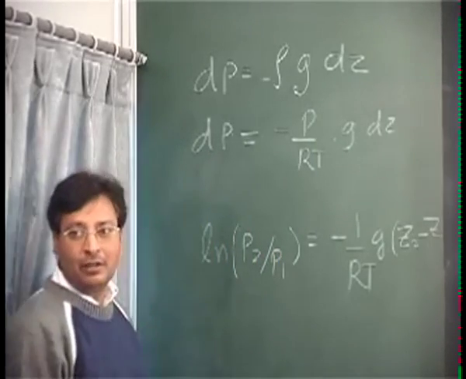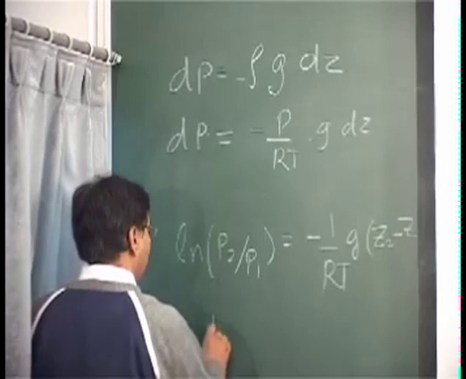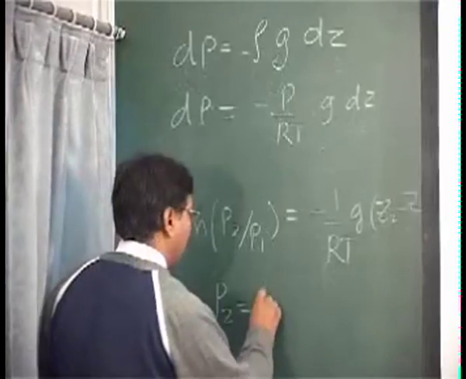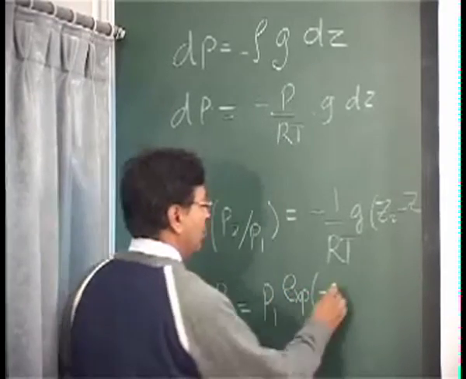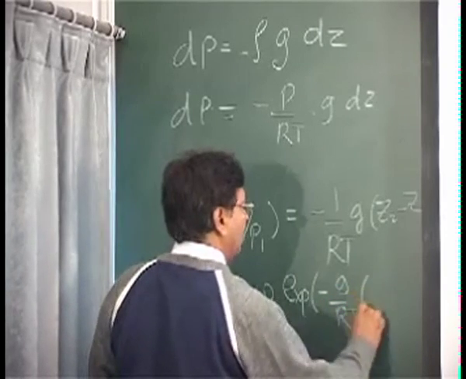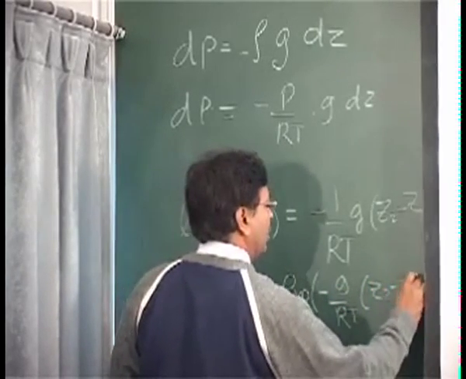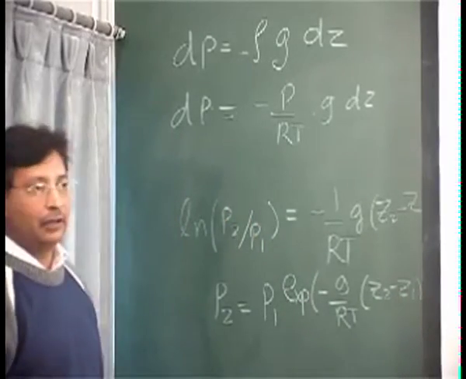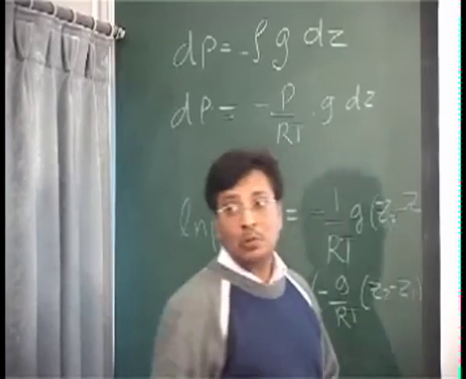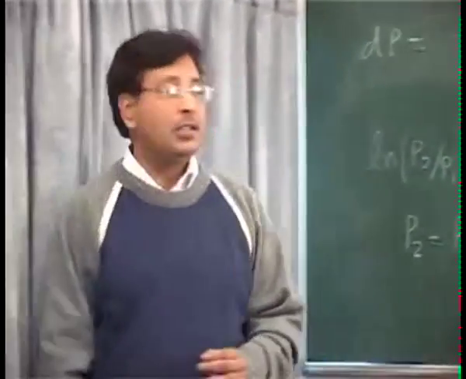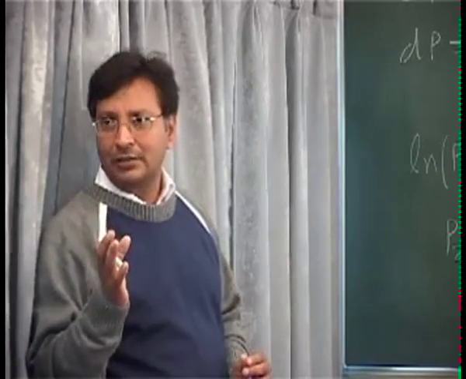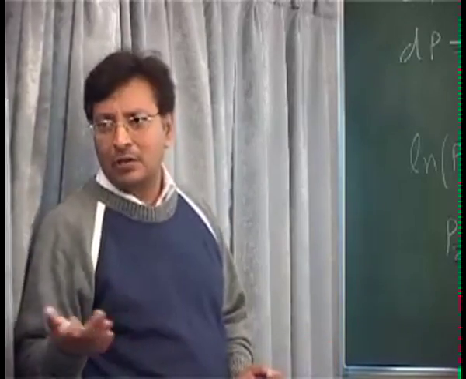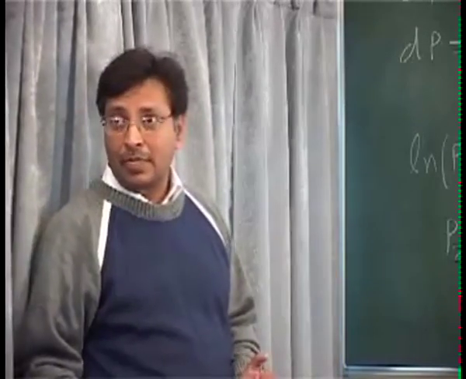Make it more simplified: P2 equals P1 exponential minus g upon RT, Z2 minus Z1. Is that right? Very good. So the idea of getting this equation down is just to explain how exponentially the pressure will decrease with height. We could write this from basic high school physics. And that's probably what the next slide should be.